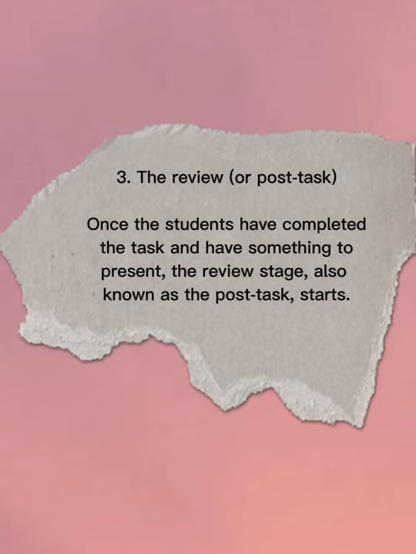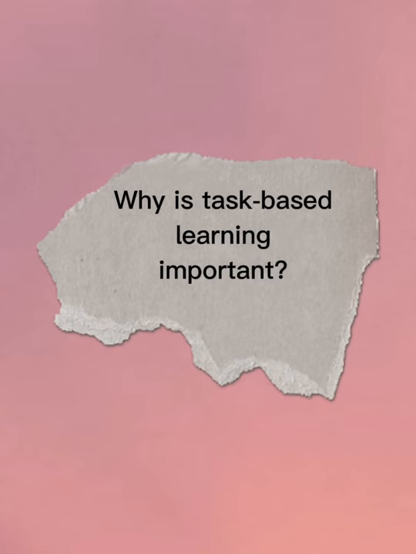Peer correction could be carried out in the form of comments, feedback, discussion, or a checklist with additional room for free commentary. The review stage offers students the opportunity to reflect on their work and analyze it in order to improve their skills for the future.